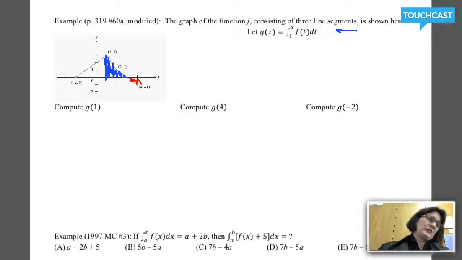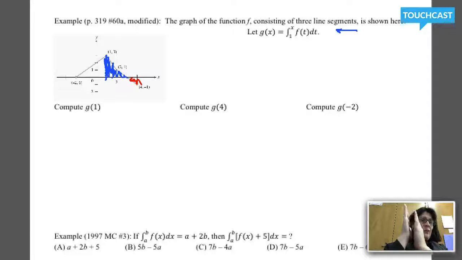Obviously my function ends at x equals 4, but what's happening here is I'm keeping that vertical line at x equals 1 fixed as one boundary. My curve, f of t, is my top boundary, and then I'm letting that right-hand boundary extend out depending on what value x takes on.